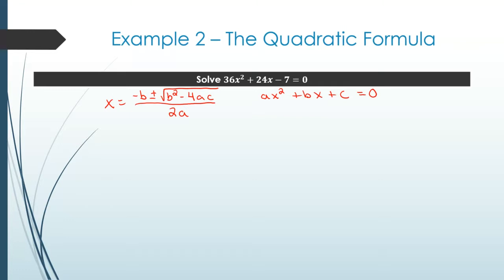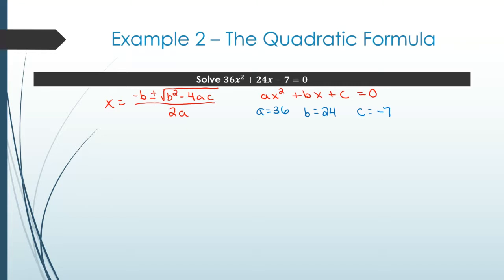So first step is to identify a, b, and c. So a is the number in front of the squared term, so that is 36. b is the number in front of the x term, so that's 24. And c is the constant, so that's negative 7.